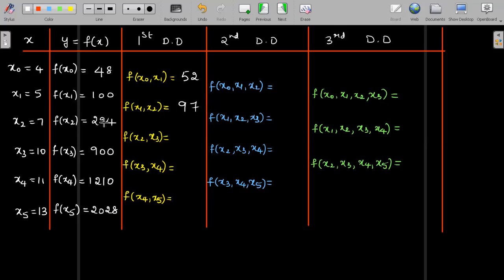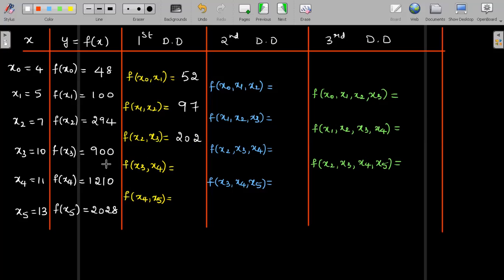Similarly, f of x2, x3 is given by f of x3 minus f of x2 divided by x3 minus x2. So 900 minus 294 divided by 10 minus 7. This gives us 202.